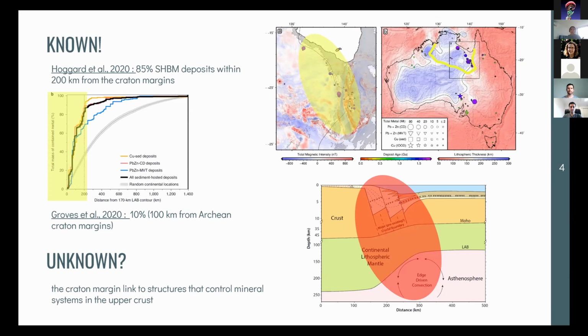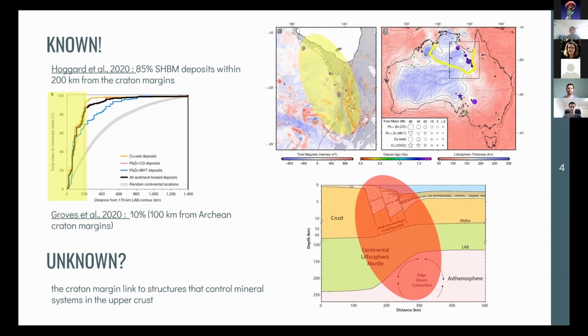This result was also consistent with another study by David Groves in 2020, which showed that most mineral deposits are within about 100 kilometers of the margin of Archean cratons. All this research did a good job of narrowing down the search space for different types of mineral system. But what is significant about the craton margin that impacts mineral system endowment?